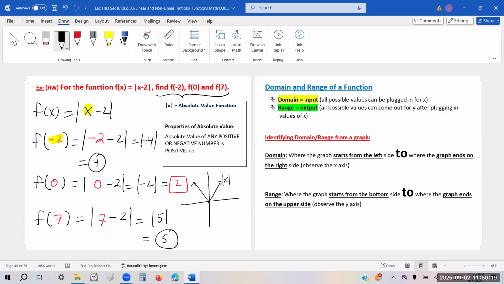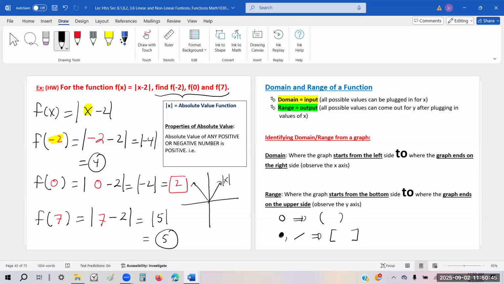When you write the interval notation, there are 2 scenarios. If your graph has a hole, then in interval notation, we have parentheses. But if your graph doesn't have a hole, it's a closed circle or a line, then it will be a bracket.